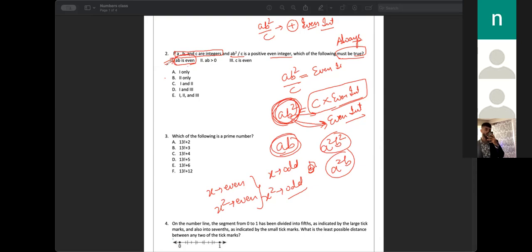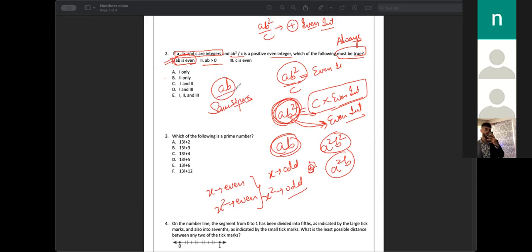Second, A into B is positive. Now, A into B, the product of two numbers. When is the product of two numbers positive? When both have the same sign. Sir, can you repeat this once again?